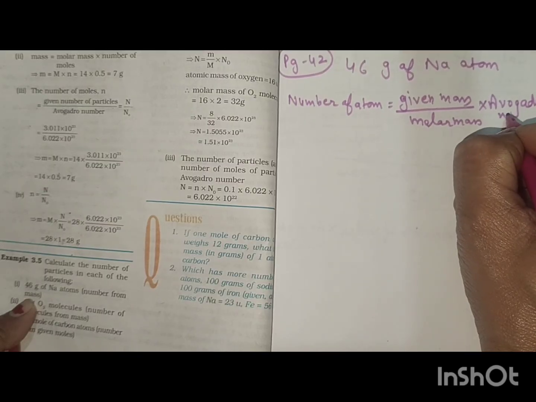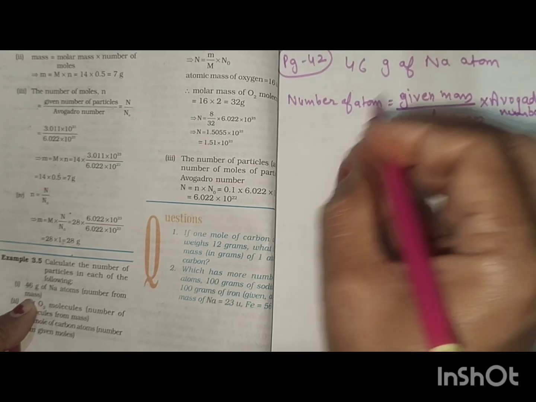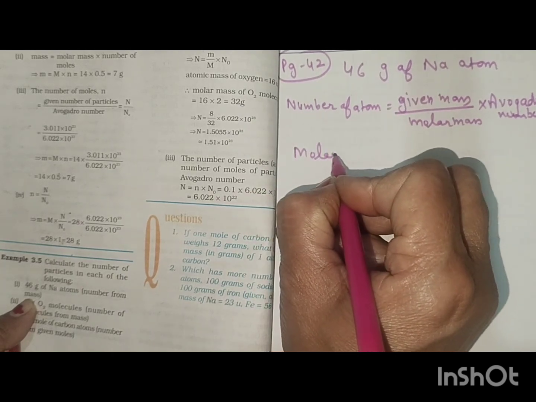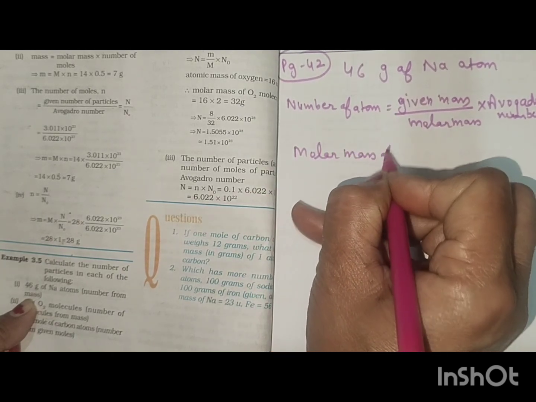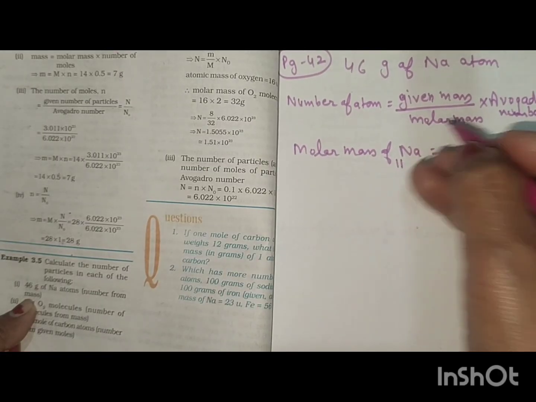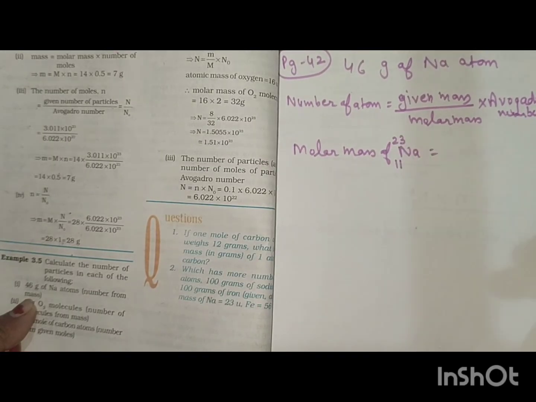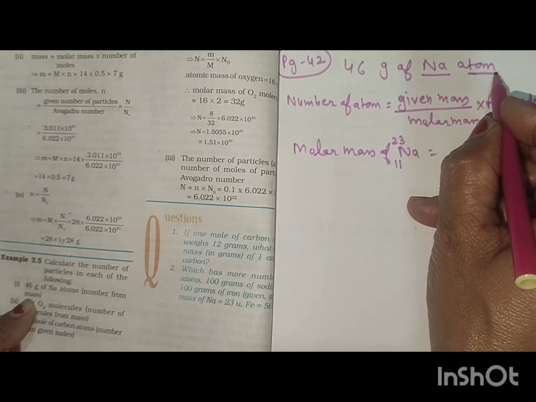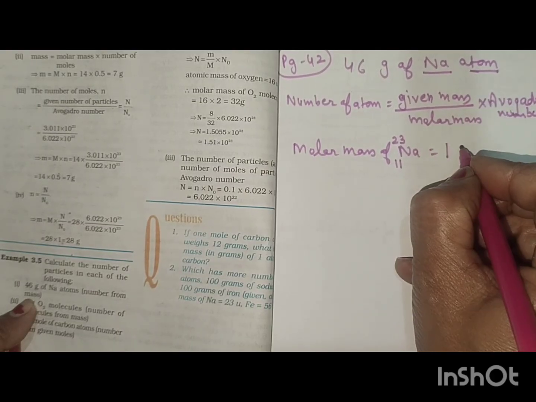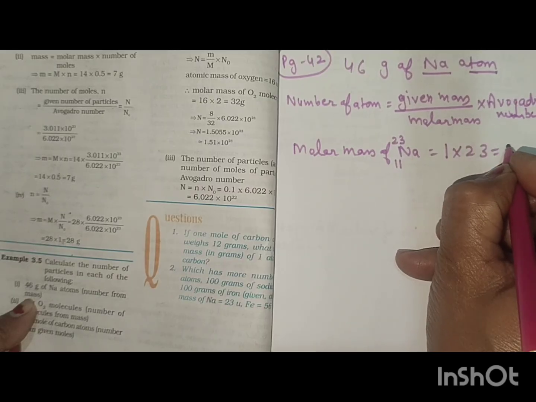Now for sodium, the atomic number is 11 and its mass number is 23, and here sodium is in the atom form. It means one atom of sodium is present and its mass is 23.